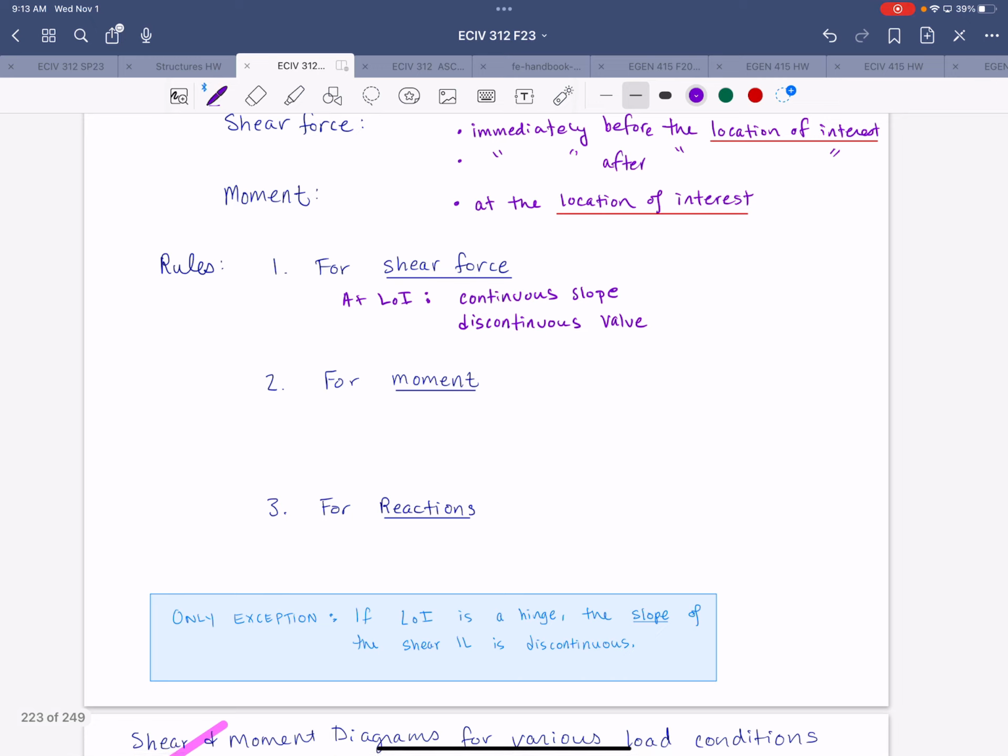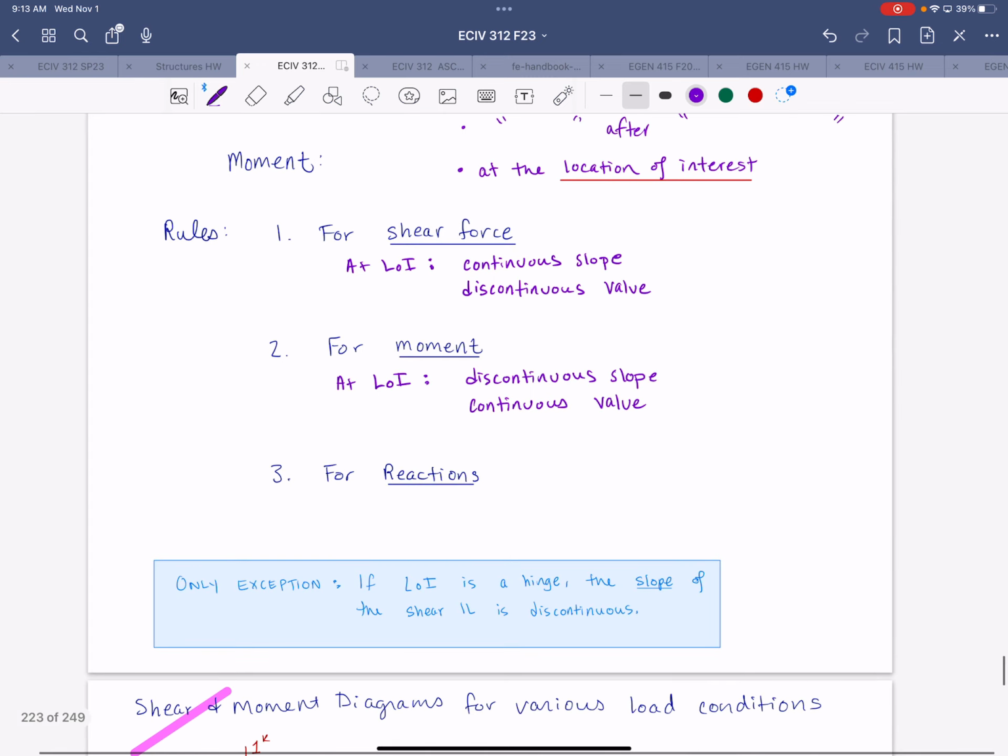When you're drawing influence lines for internal moment at the location of interest, that influence line will have a discontinuous slope. But the value will be continuous. And whenever you're drawing influence lines for a reaction force at the location of interest, that influence line will have continuous value and continuous slope.